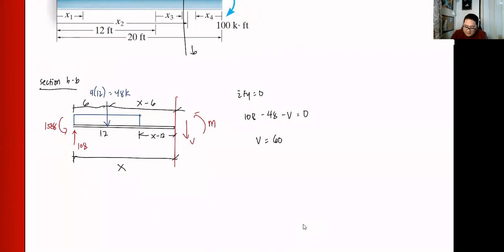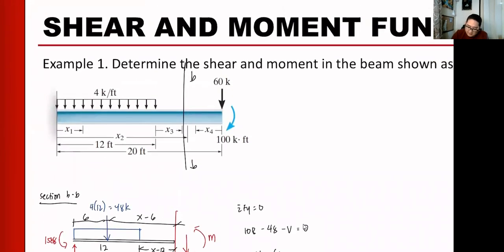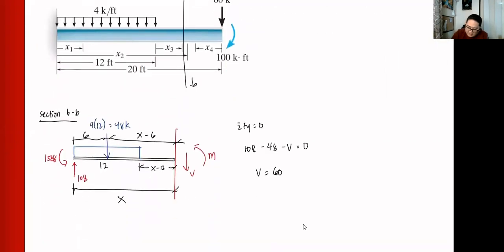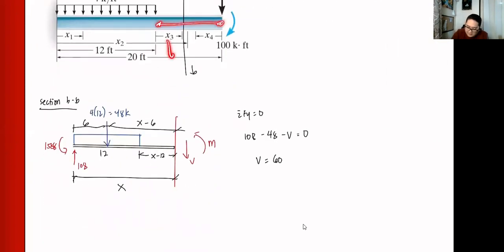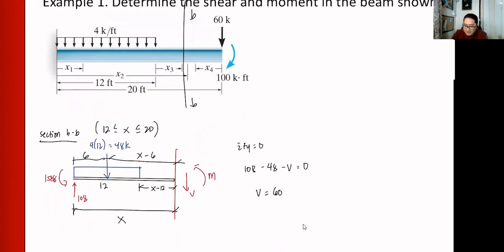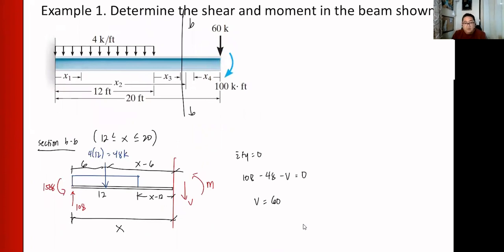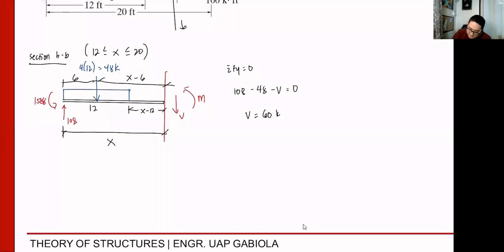Meaning, when asked for this segment, our segment now is from 12 to 20, right? Our value is constant at 60 because there is no applied load in between, which is correct. So 60 kips, sorry.